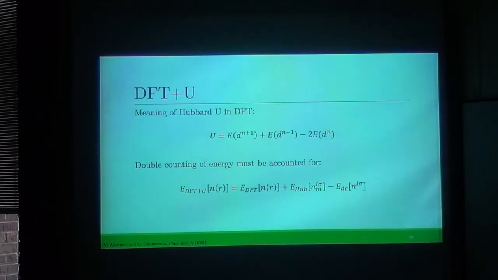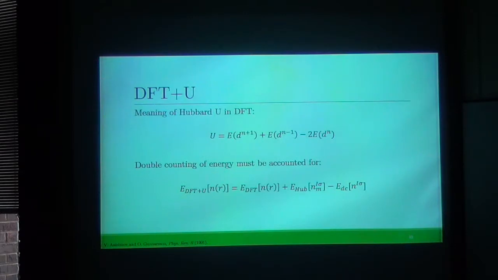This comes into play because the density functional theory functionals do consider some amount of U, but it's typically less than is required to describe these systems. So whatever value of U is calculated by the original functional, we have to subtract that off.